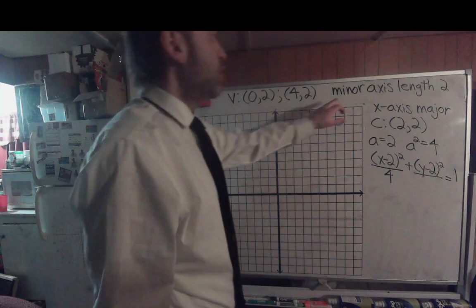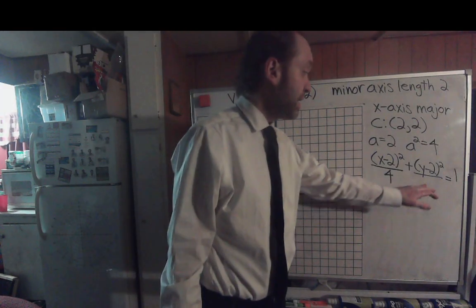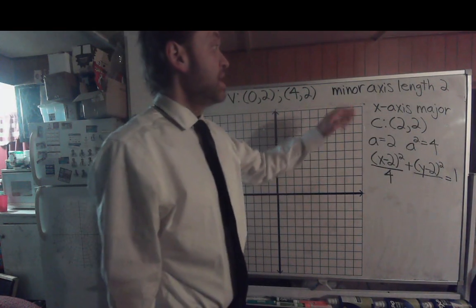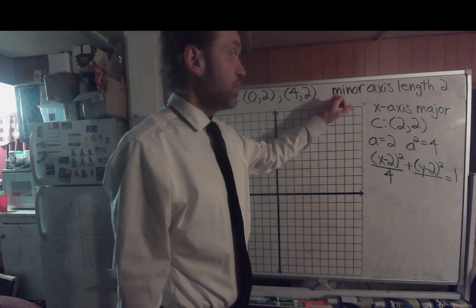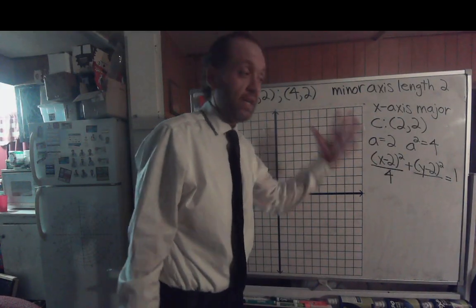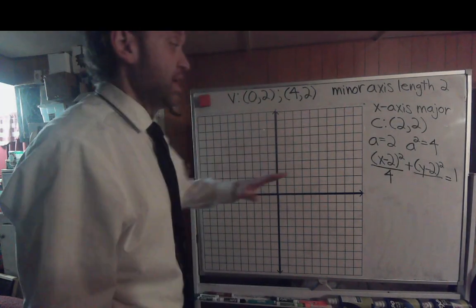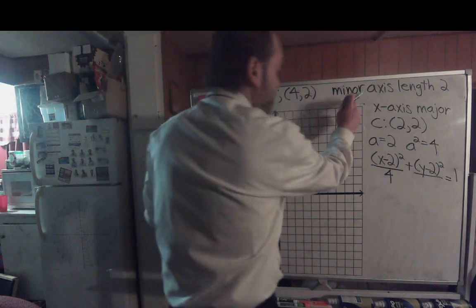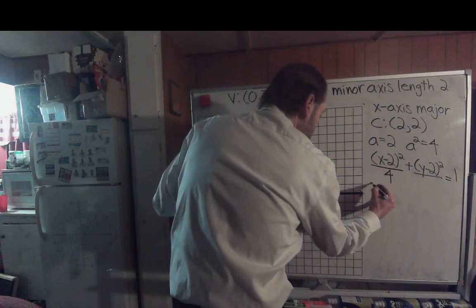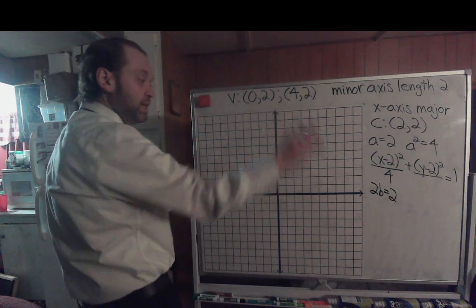Now it says my whole minor axis is length 2. We know y is the minor axis. If you're just given a whole axis length, that's talking about 2b equals 2, the whole length of the axis.